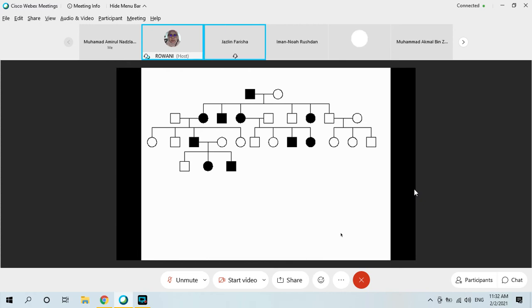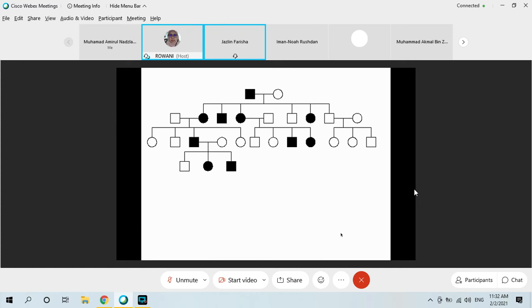So first the male is affected and then it passed to the second generation, both male and female are affected. And then the third generation, male and female also affected, same goes to the fourth generation. So this is vertical transmission, kan?